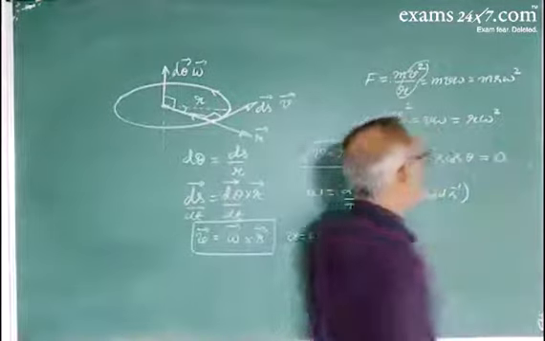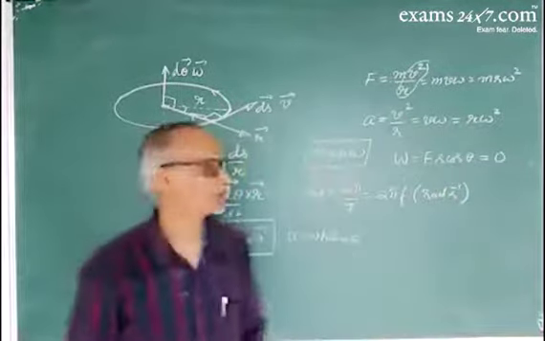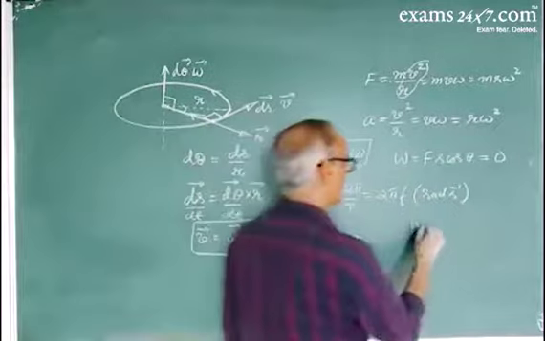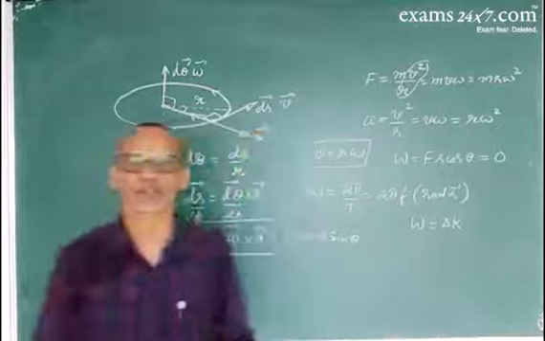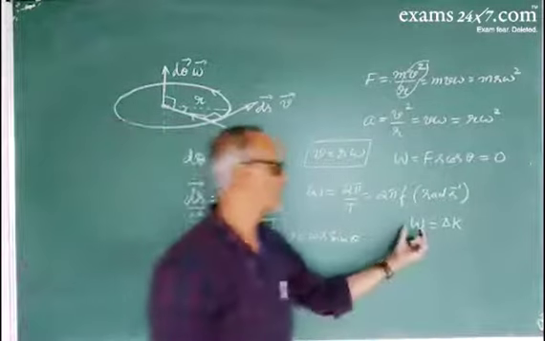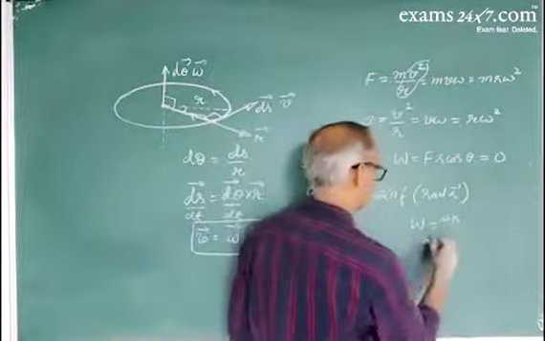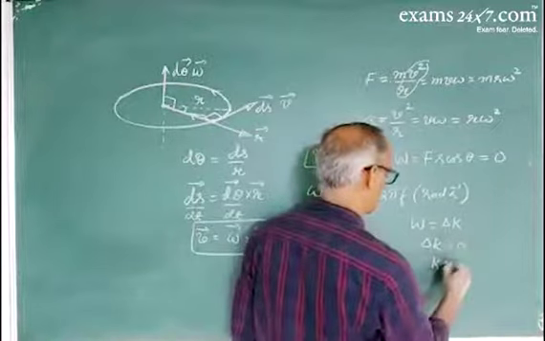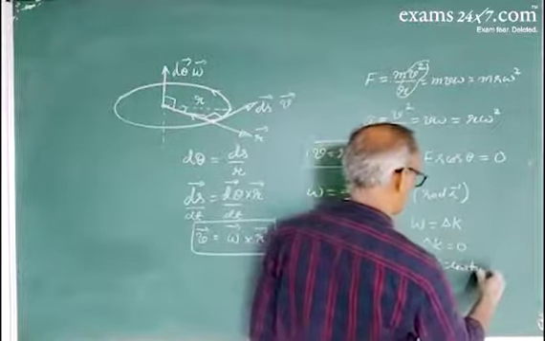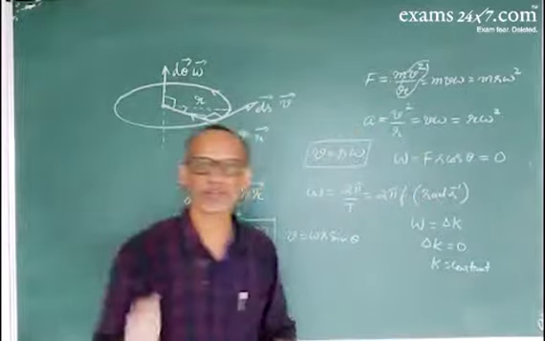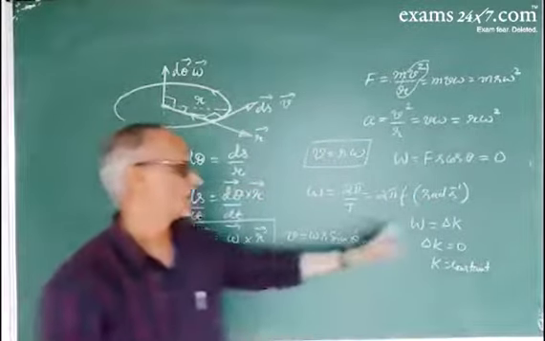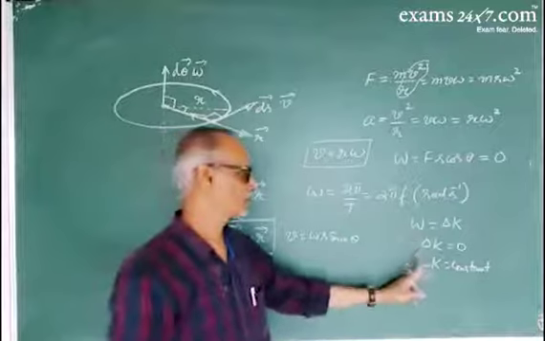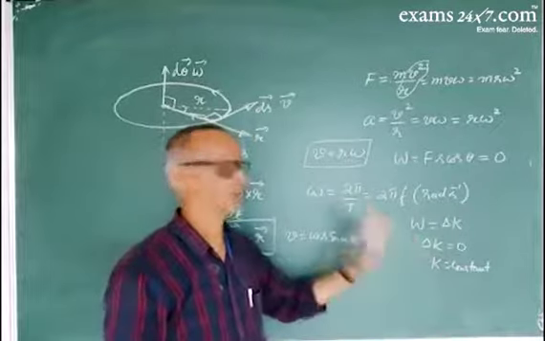So work done is equal to 0. But we also know that work done is equal to the change in kinetic energy according to the work energy theorem. When work done is 0, the change in kinetic energy is 0. That means the kinetic energy remains constant. So in uniform circular motion, when a particle revolves in the circular path, work done is 0, no change in kinetic energy, the kinetic energy remains constant.